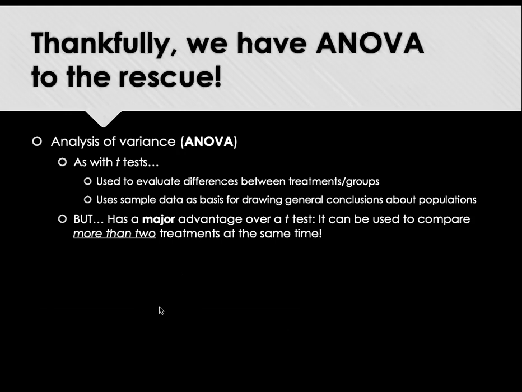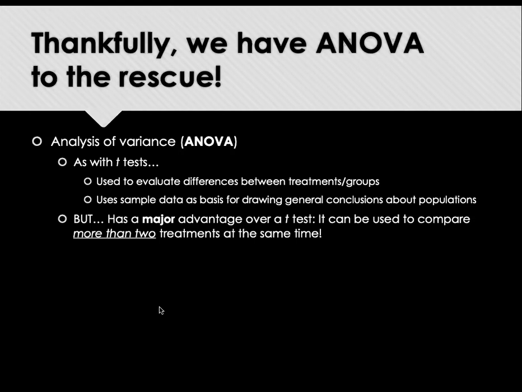We can do an analysis of variance, or an ANOVA, right? And so if you see where the name comes from, it's kind of a shortened version of analysis of variance, right? Very similar, same general concept as a t-test. You're going to use the ANOVA to evaluate the differences between treatments or between groups.